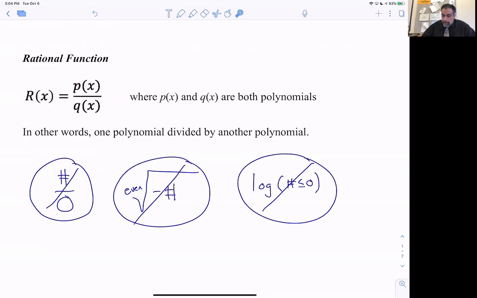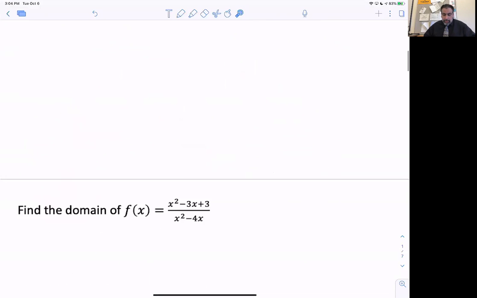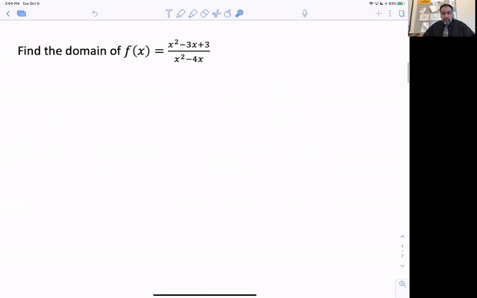So we're going to jump ahead and look at the first problem for today, and that is find the domain of this beautiful function here. We've got x squared minus 3x plus 3 over x squared minus 4x. If you are looking for the domain of this guy, again, domain makes you think three bad things: number divided by zero, negative number in an even root, or that third one, the logarithm thing that we're going to worry about in the future.